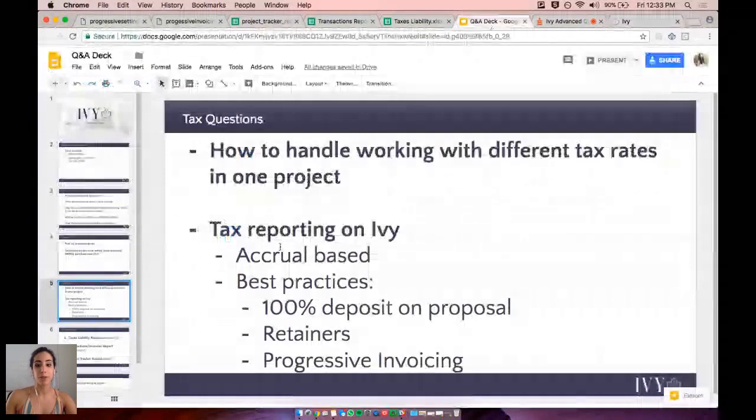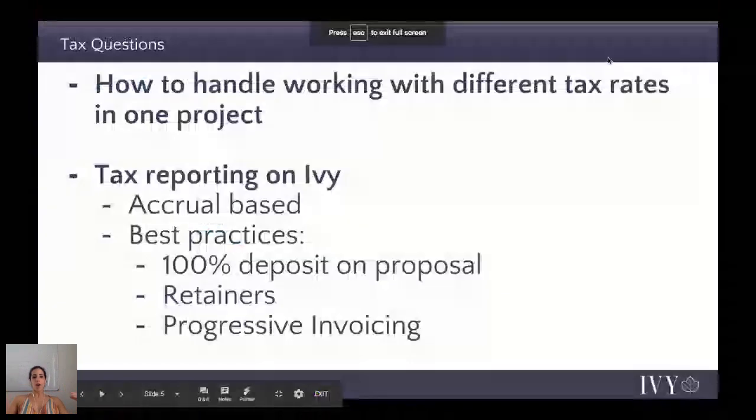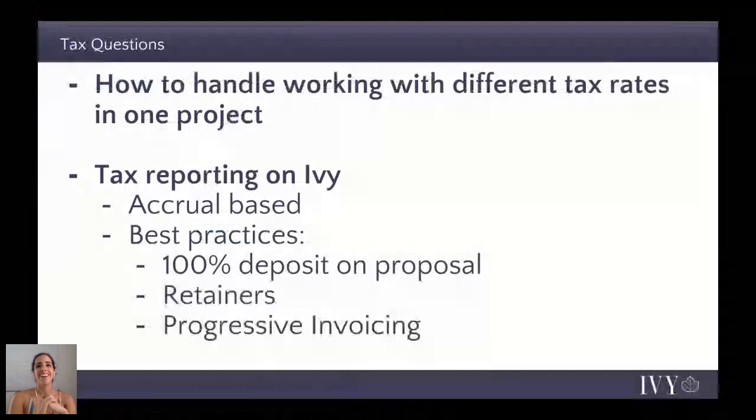Okay, so tax reporting on Ivy. Let's talk about how Ivy calculates the taxes. So there are two different types of tax reporting. In general, I'm not talking about Ivy right now, you have cash basis and accrual basis. Cash basis means you're paying taxes only on money that has been received.